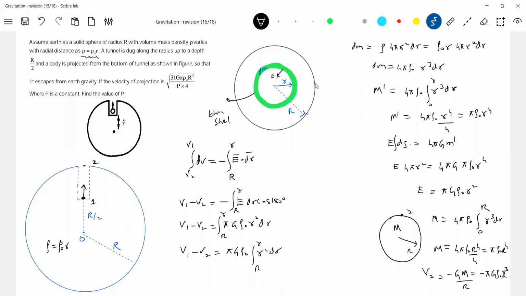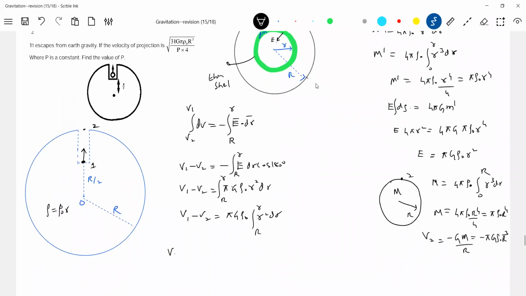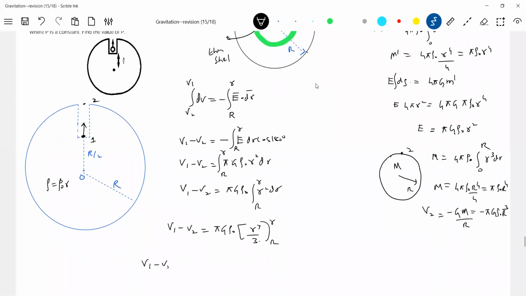Later in the expression, I'll write smaller r equal to R by 2. So this will be V1. Substitute all the values, smaller r equal to R by 2, and you'll get the potential at point 1.